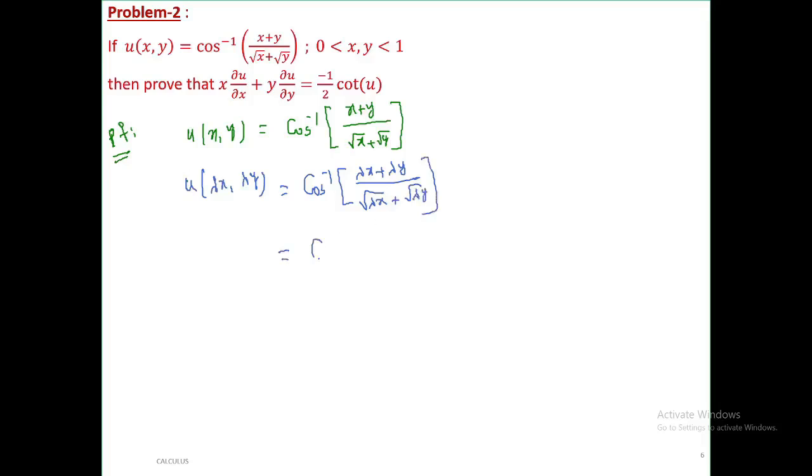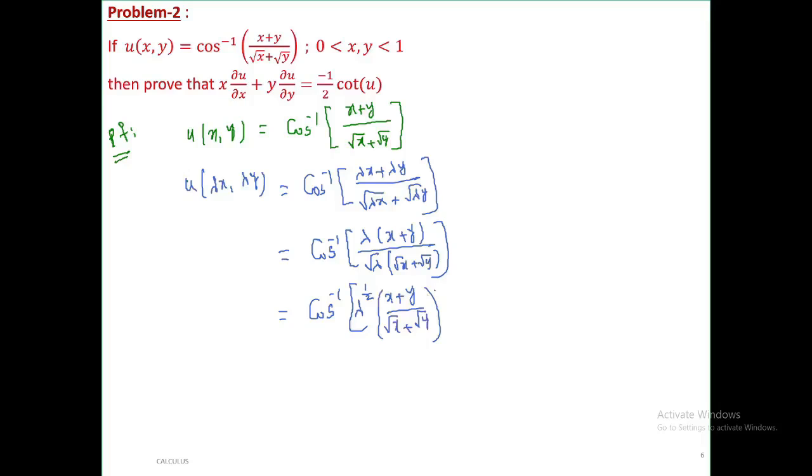Now this will be cos inverse of λ(x + y) divided by √λ times (√x + √y). Okay, perfectly separated. But you are unable to write this as λ^(1/2) times (x + y)/(√x + √y) outside.